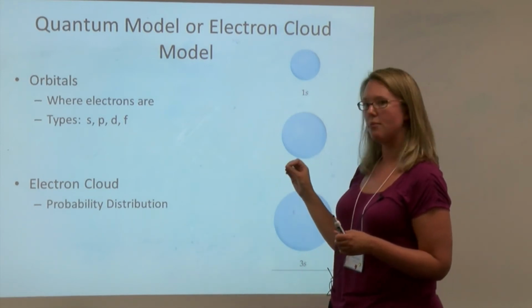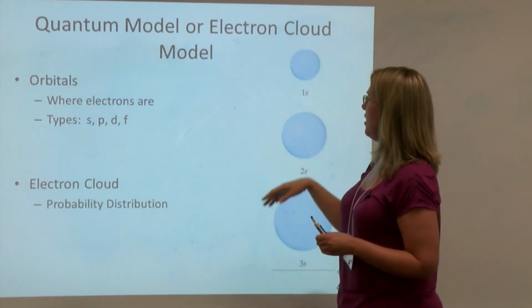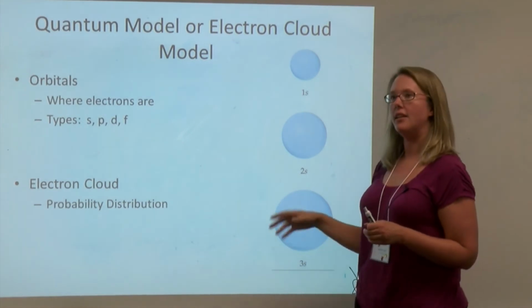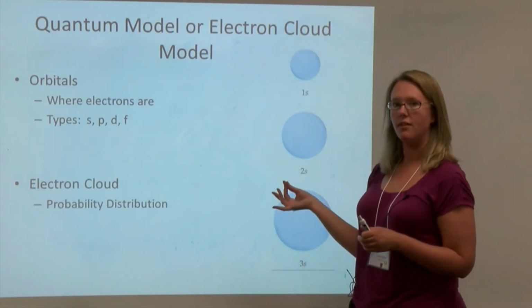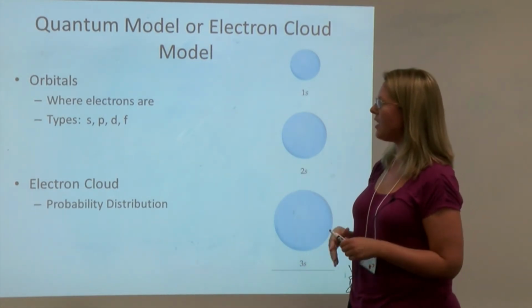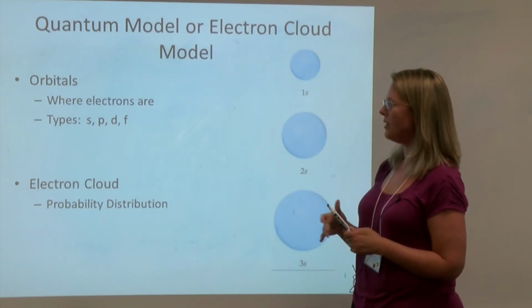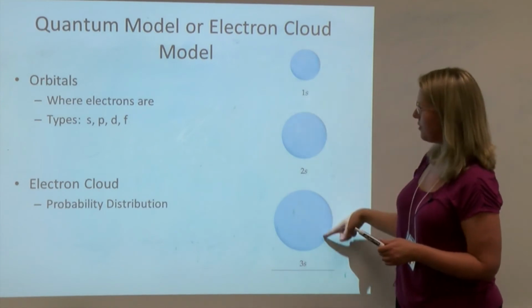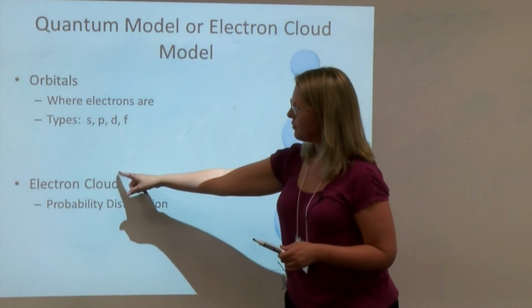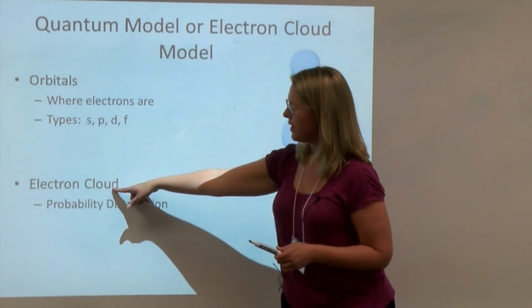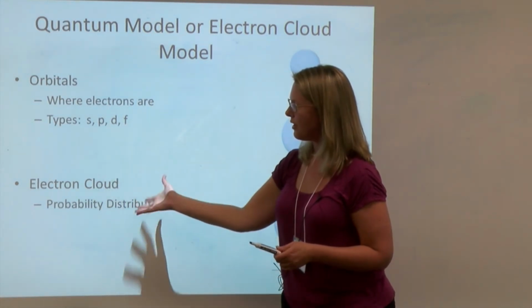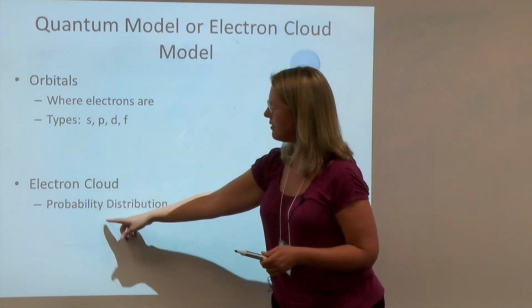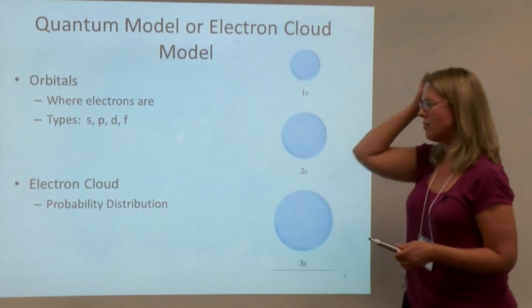In fact, the Heisenberg uncertainty principle says that we have no way of telling exactly the momentum and the position of the electron at any time. We're more concerned with the energy of that electron. And that's why you see these kind of funky pictures here, because, and this is where the word cloud starts to come in, we're not really sure, can't really tell where the electron is, but we can give it a probability distribution.